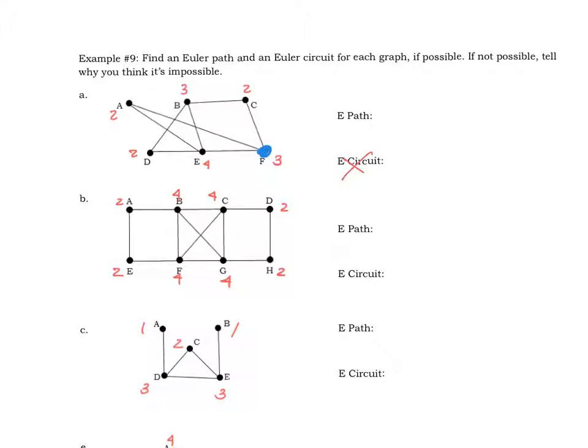I am going to make a decision to start at vertex F. Okay, so I've actually found this path before, so I will not show the same mistakes that I did before.